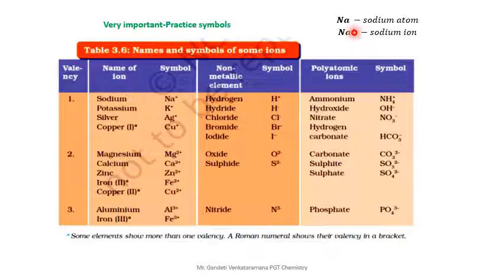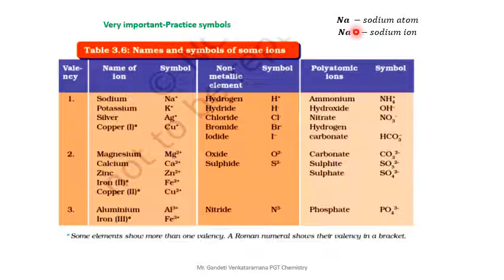If plus is present, then we call it a cation. If minus or a negative sign is present, this is called an anion. Plus means the positive sign, positive charge. So positive charge is cation and negative charge is anion. Positive charge means one positive means loss of one electron.